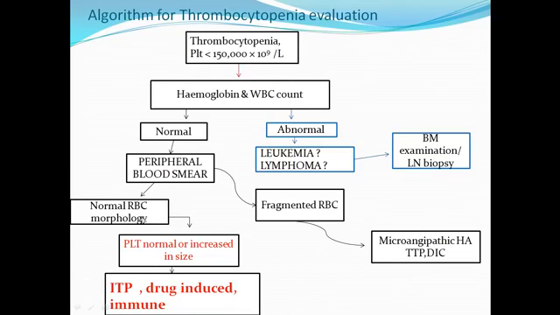So with RBC morphology normal and platelet size normal or increased, we can come to the inference that this may be a diagnosis of ITP. This may be drug induced or immune. Okay.